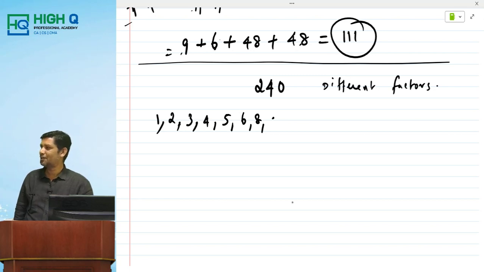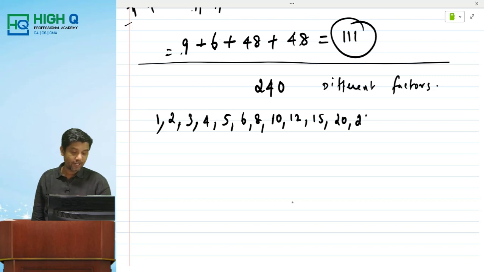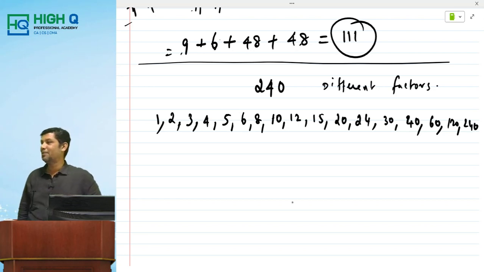If you have doubt, use a calculator. 10? 11? 12? 13, 14, no. 15, yes. 16, 17, 18, 19, no. 20, yes. 24, yes. 30, yes. 40, yes. 60, yes. 120, yes. 240, yes. Am I right, my dear? These are the factors.